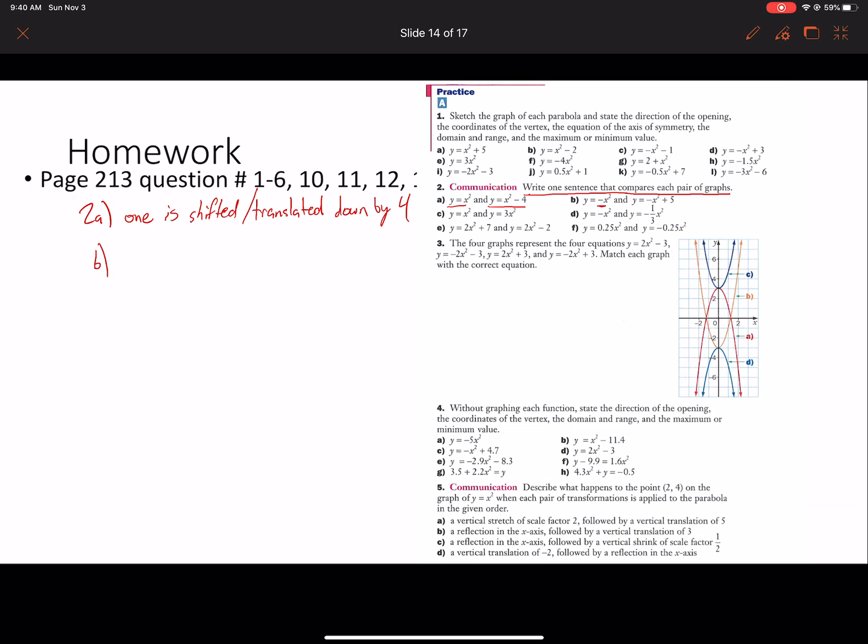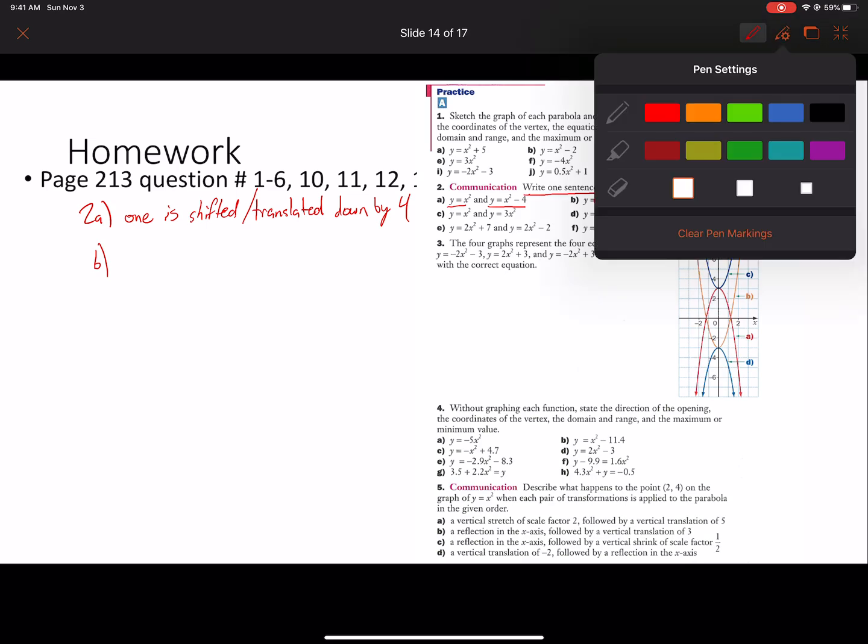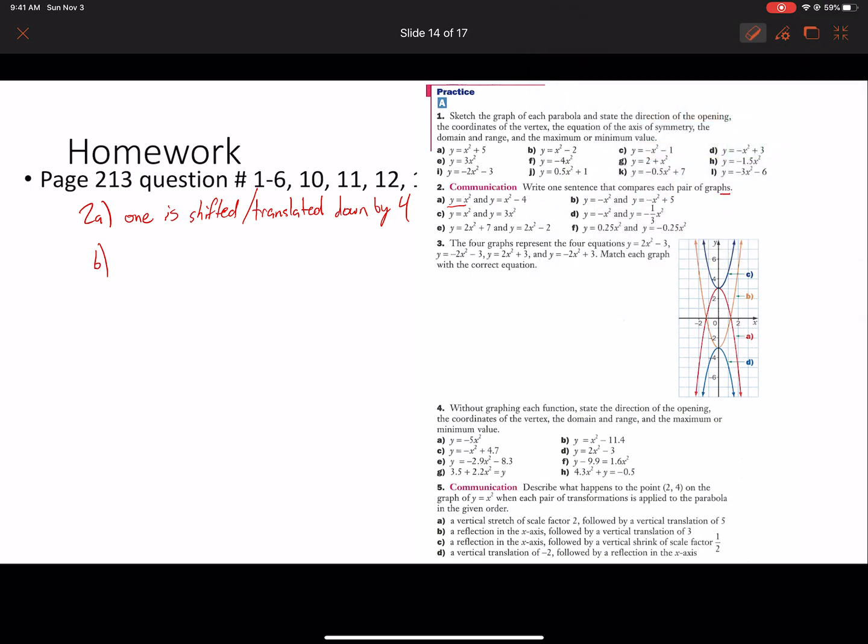B, the difference between it, they're both upside down. See this minus and this minus here? It means that both of them open up downwards. But the difference is one is shifted up from the other by 5. Let's just erase some of this. Okay, so let's look at that. They both have this negative. That's not a difference.